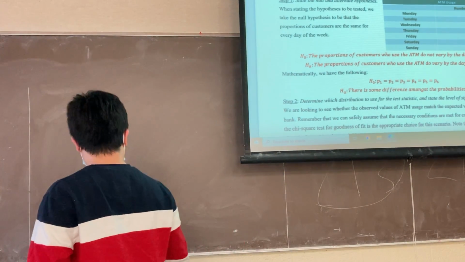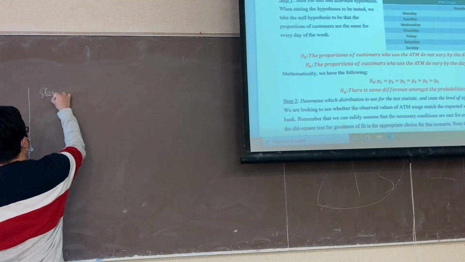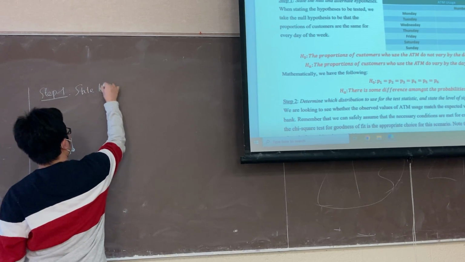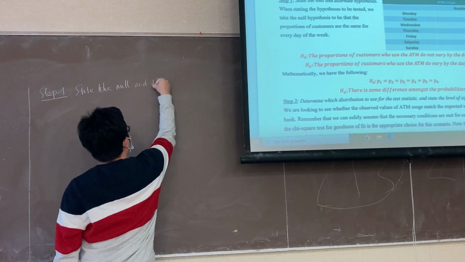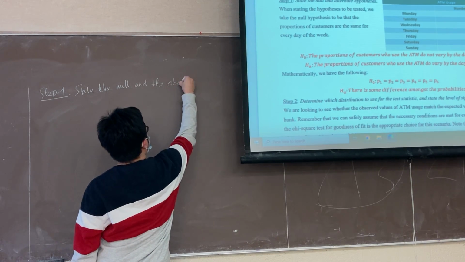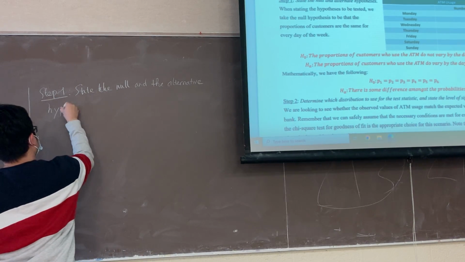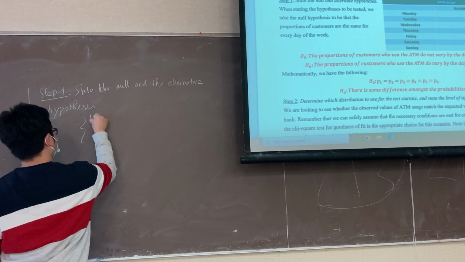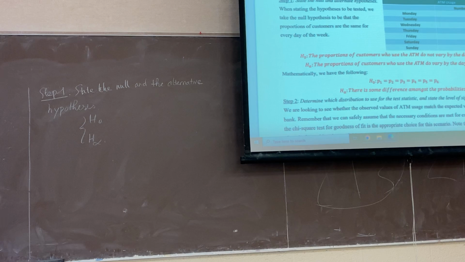And the first step here, we will state the null and alternative hypotheses. We have H0 here and H alpha here. This is the null hypothesis.